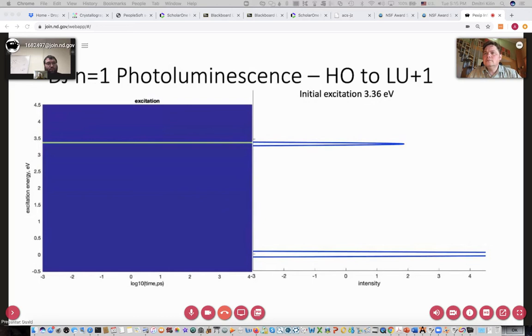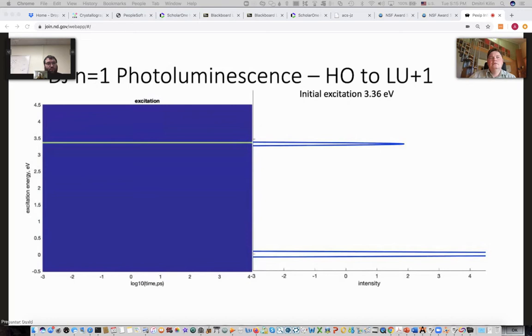In fact, it should be right at the initial excitation value, because this is just HOMO to LUMO plus 1. So this was the transition with the highest oscillator strength for this model.